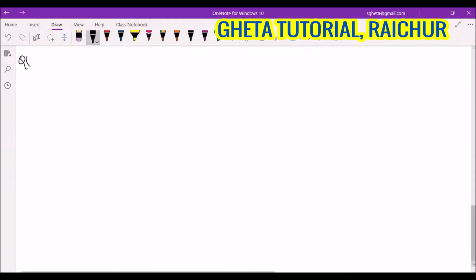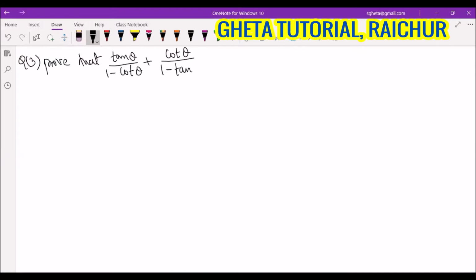Question number 3, prove that tan theta divided by 1 minus cot theta plus cot theta divided by 1 minus tan theta is equal to 1 plus secant theta into cosec theta.